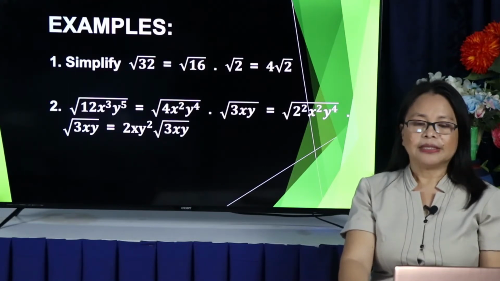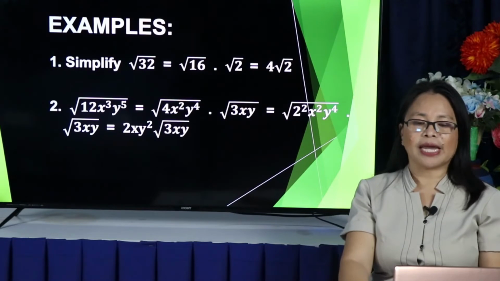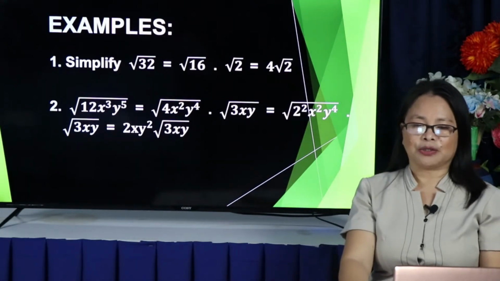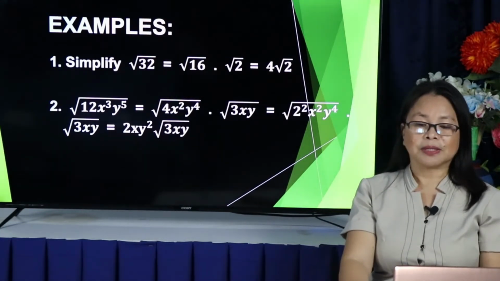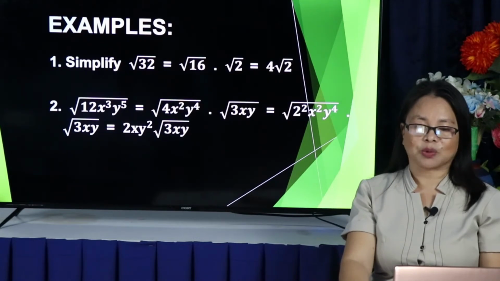So we have the square root of 4x squared y to the 4th power times the square root of 3xy, which is equal to the square root of 2 squared x squared y to the 4th times the square root of 3xy, which is equal to 2xy squared times the square root of 3xy.